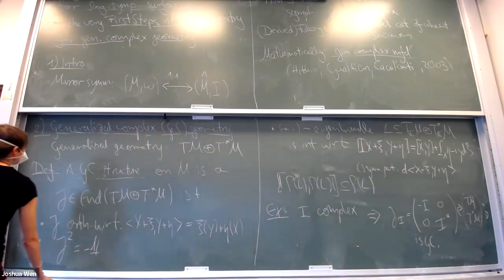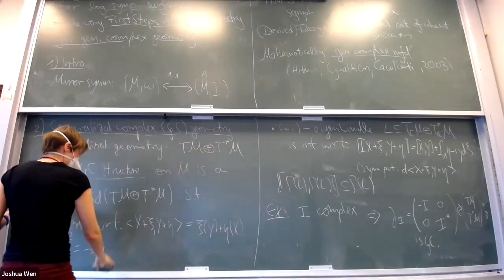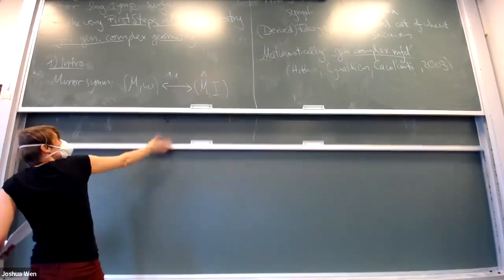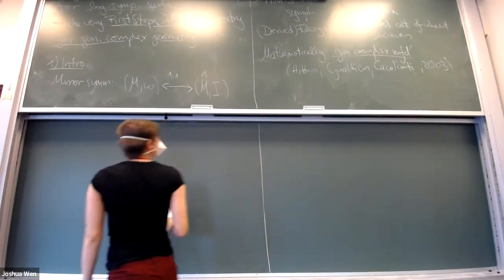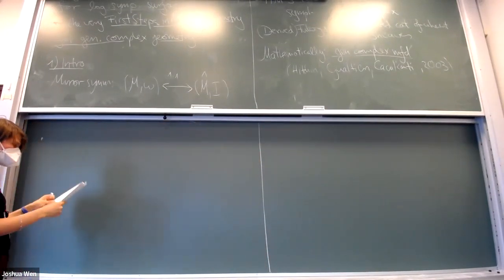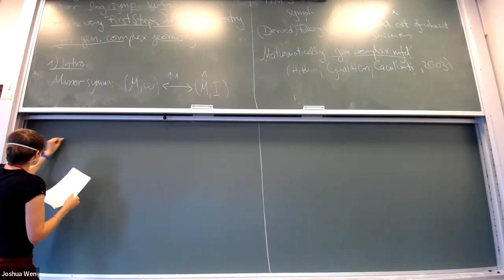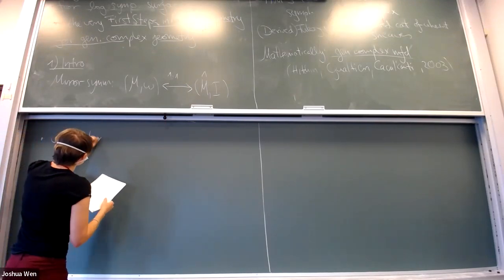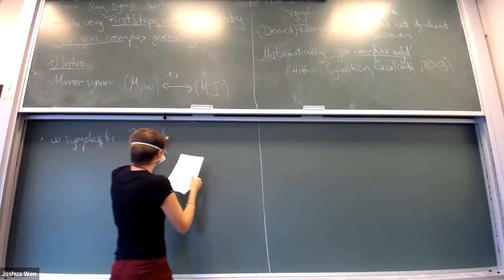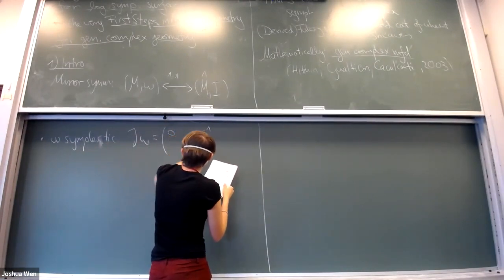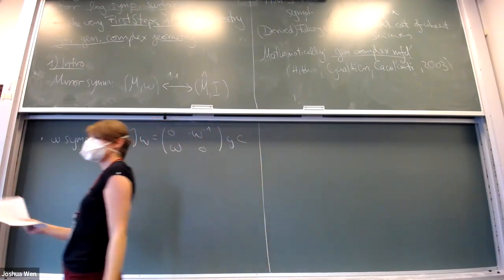On the other hand, I've already basically made a spoiler and said that symplectic structures are also generalized complex. So how does that look? I can again write such a matrix, but now using the other entries. So then this is generalized complex.